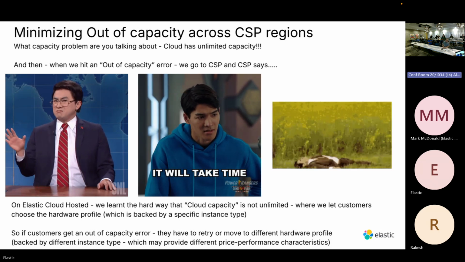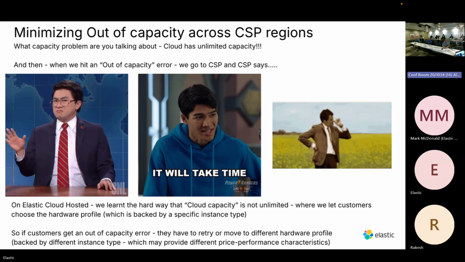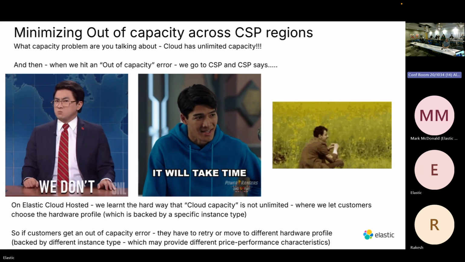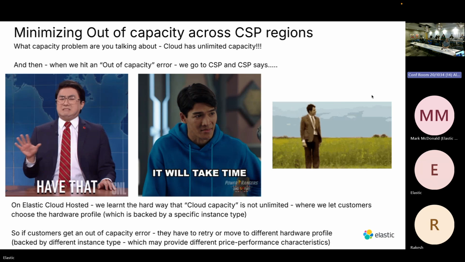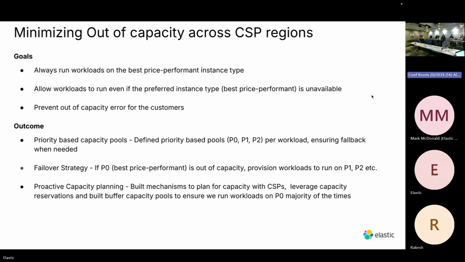But what we wanted to do is move away from that inflexibility to a flexible world, right? That's what we ended up putting as our goals: we always want our workloads to run on the best price performance instance type. But obviously, you cannot expect that instance type to be available always, right?